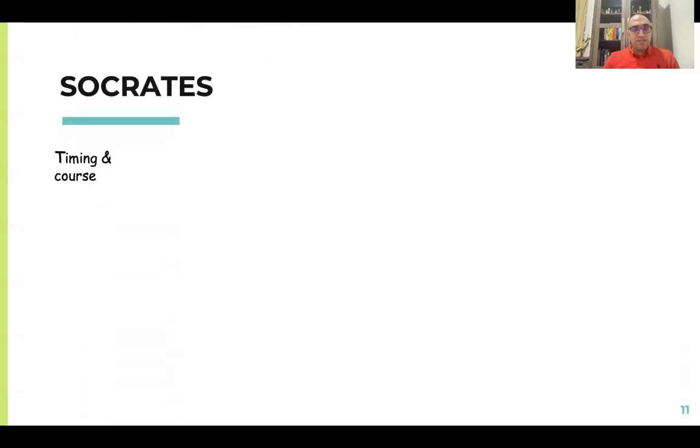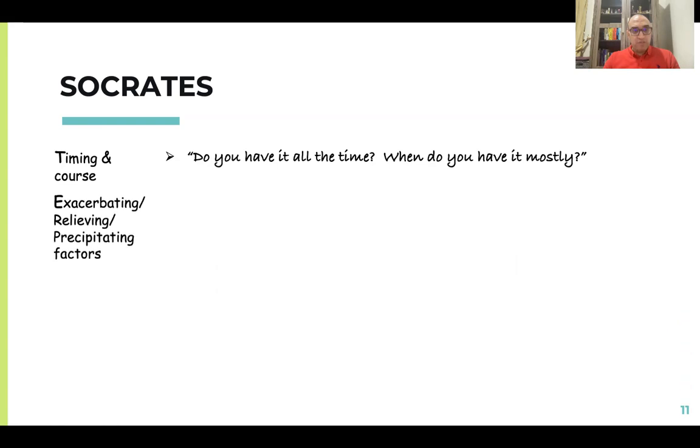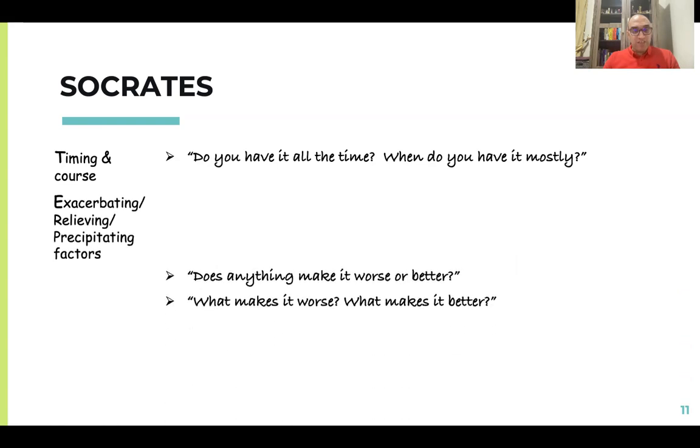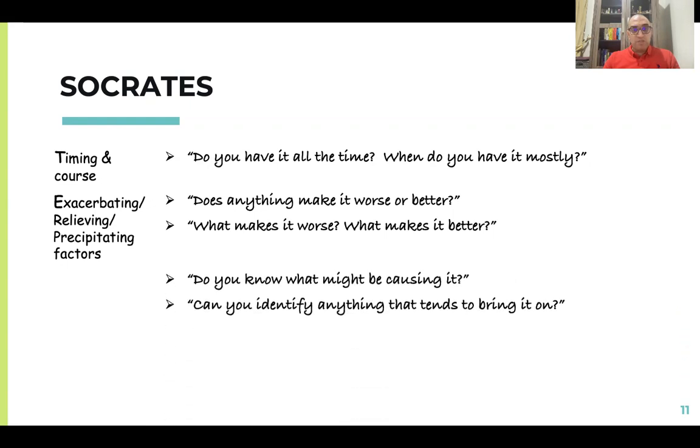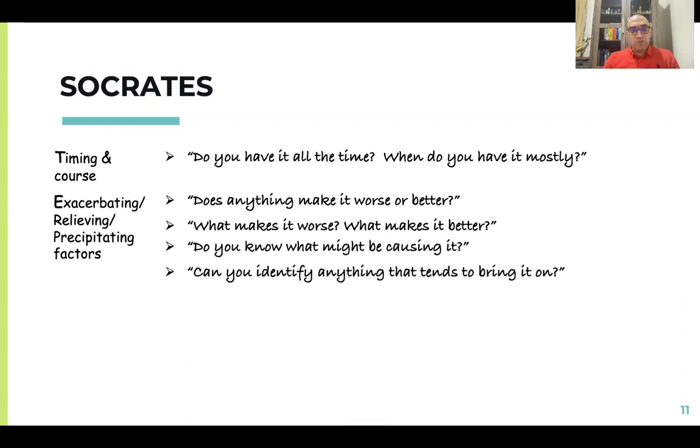And for timing and course, do you have it all the time? And when you have it, when do you have it mostly? For exacerbating and relieving factors, does anything make it worse or better? What makes it worse? What makes it better? For precipitating factors, do you know what might be causing it?